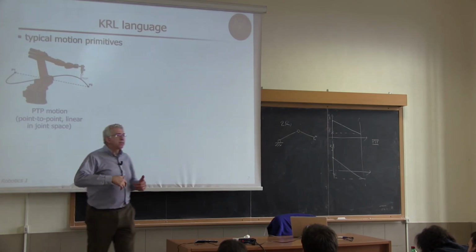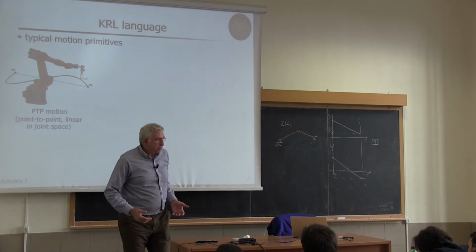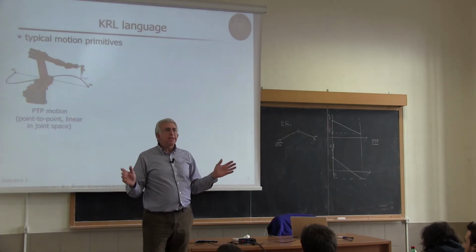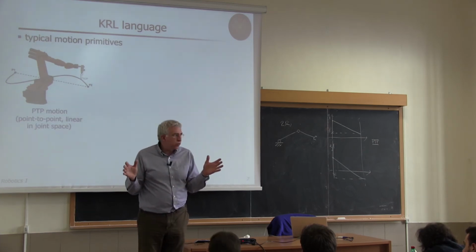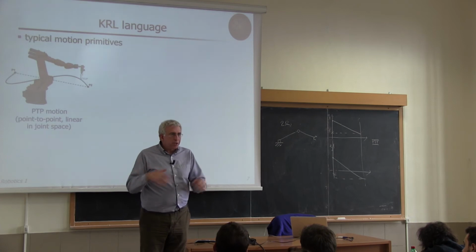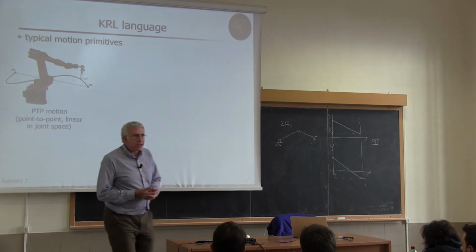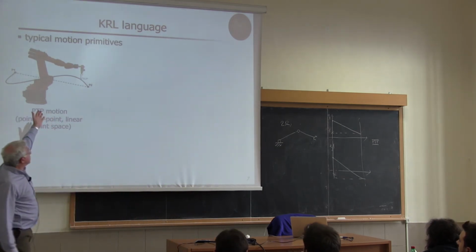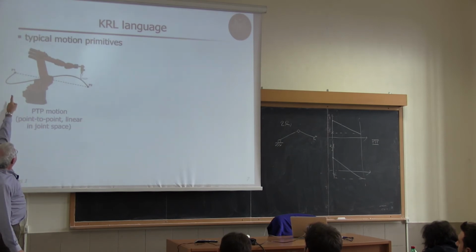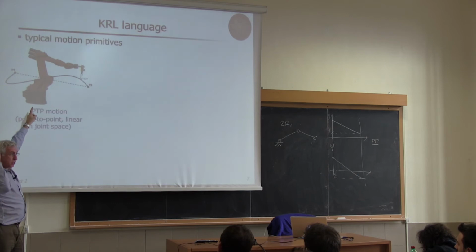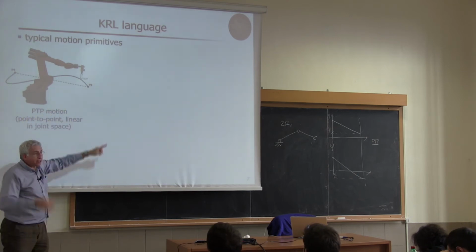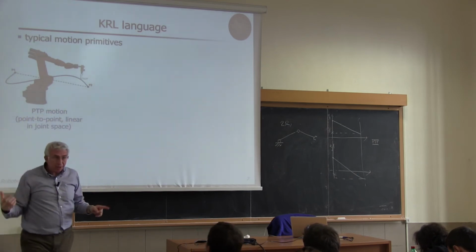Now, what happens to the end effector? When I'm moving linearly the joints, this does not mean, by no means, that the end effector moves along a linear path, just because there is all the trigonometry involved. And this is what you see here. So, point P1 is the direct kinematic mapping of the first configuration. Point P2 is the direct kinematic mapping of the second configuration.